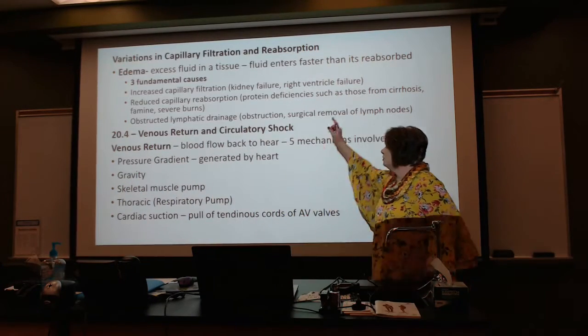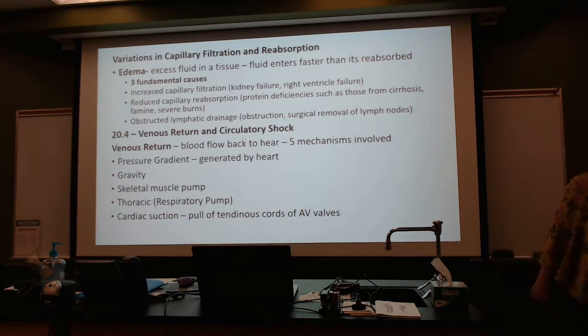Basically, the fluid is entering that tissue faster than it's reabsorbed on the venous end. The biggest reasons for buildup of the fluid in the tissue: kidney failure, right ventricle failure, heart conditions, okay?